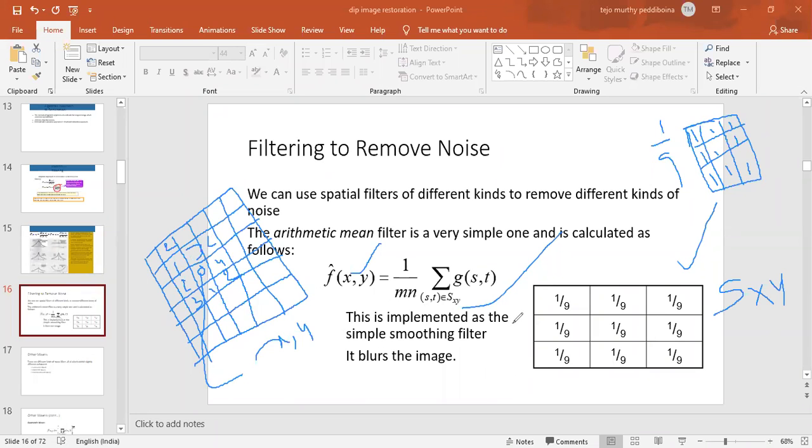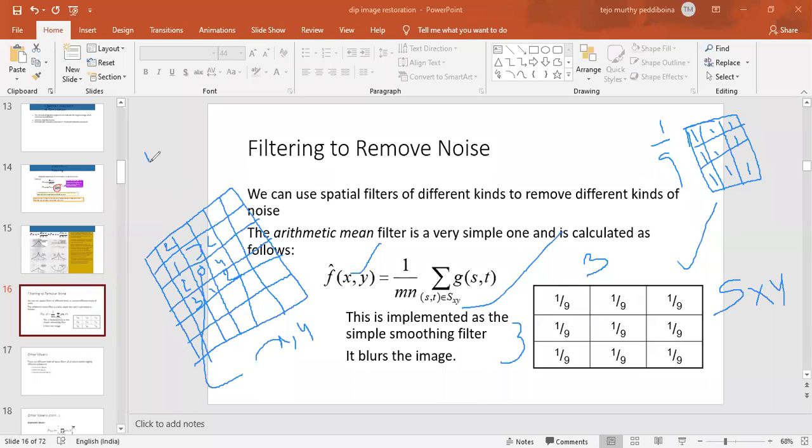This is 3, m is the row size and n is the column size, then 1 by mn gives 1 by 9, and summation of g(s,t). g(s,t) means summation of all the values here. You see here, this neighborhood is 1, 3, 0, 2, 2, 0, 4 plus 3 plus 1 plus 2.